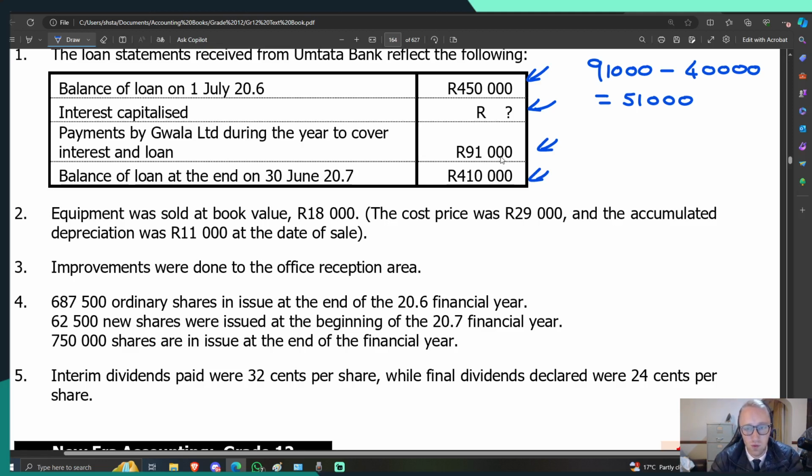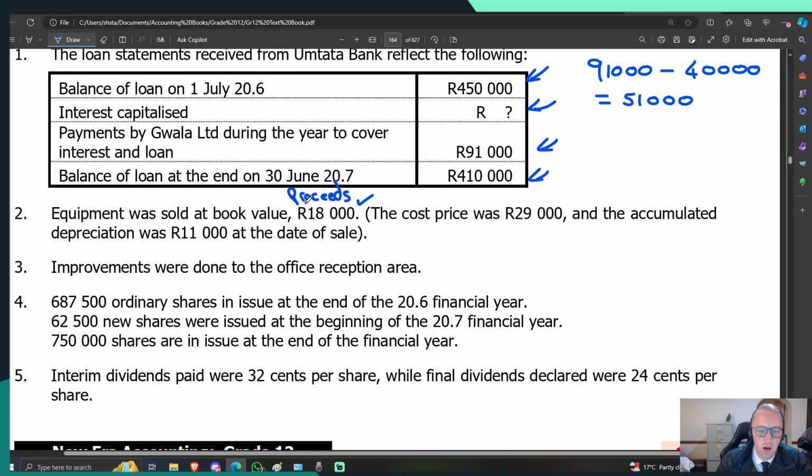So we don't have to work out depreciation for the year in which we sold it. Oh wait, it says here cost price 29, depreciation 11, and book value 18. We didn't have to work it out. They told us the book value. So this book value here will be the proceeds from sale of fixed asset, in the cash flow from investing activities.